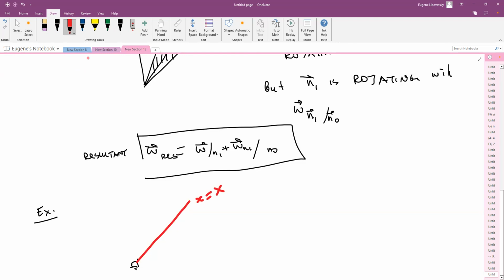It doesn't rotate, right? Now this cylinder, let me make it a little bit shorter.